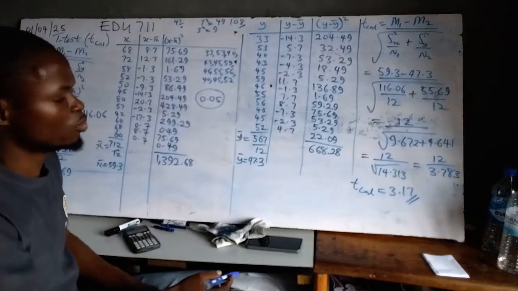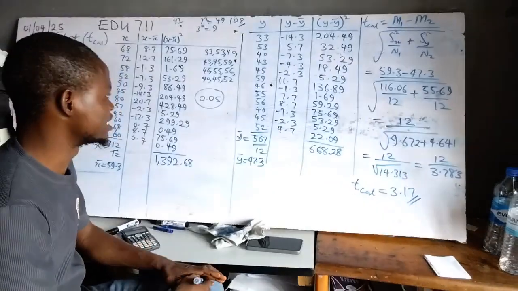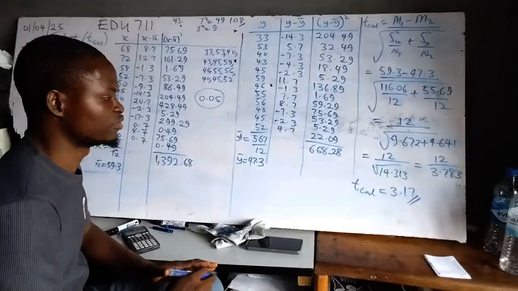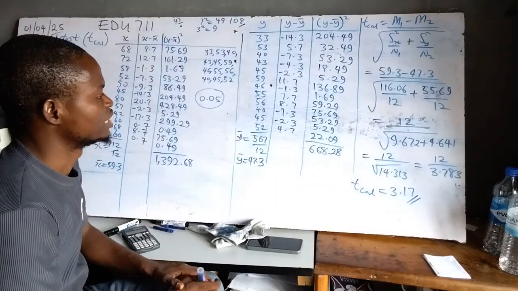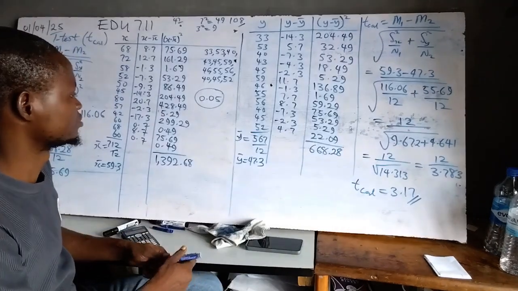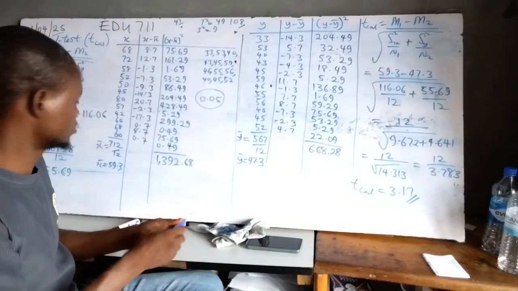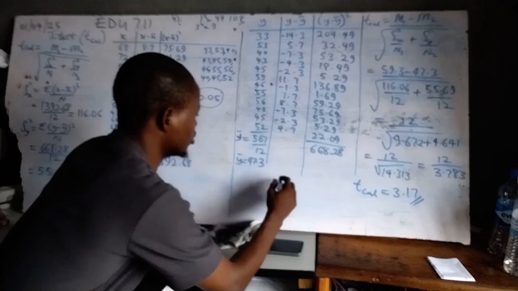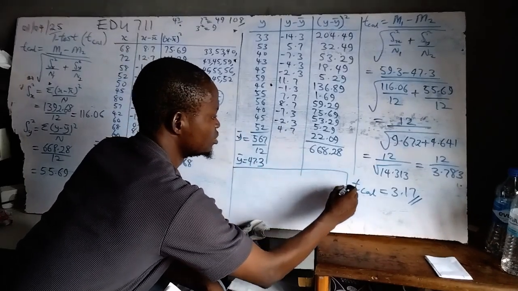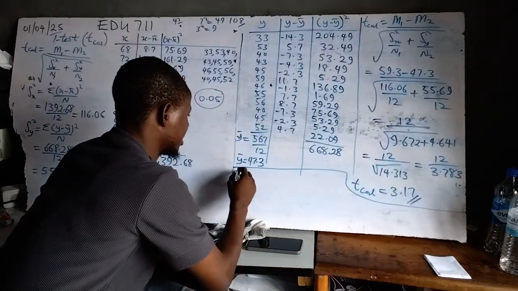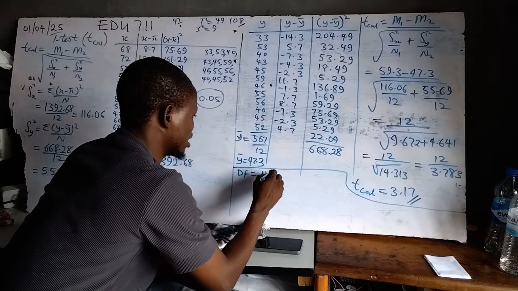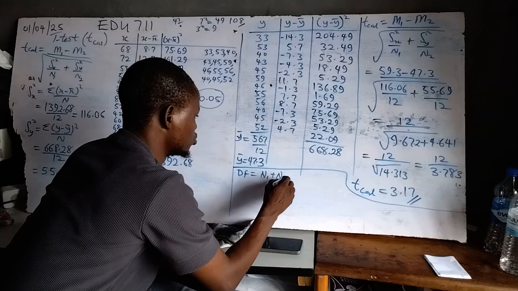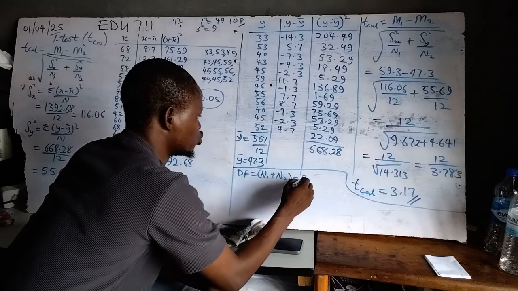Whether for correlation, chi-square or t-test, 0.05 is the level of significance we are using. So take note. Then degree of freedom for the t-test: our degree of freedom, df, is equal to n1 plus n2 minus 2.